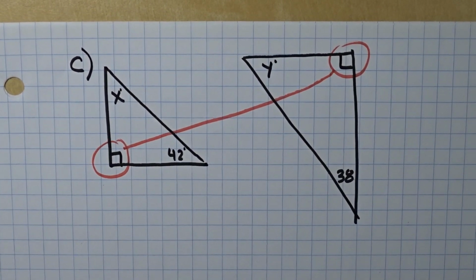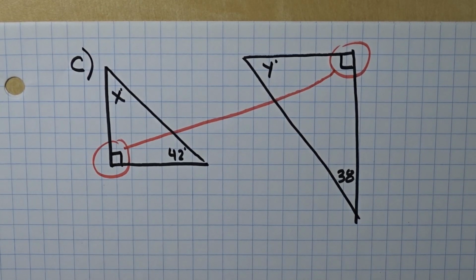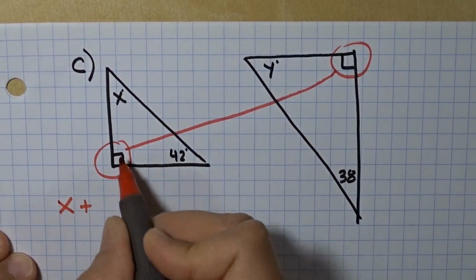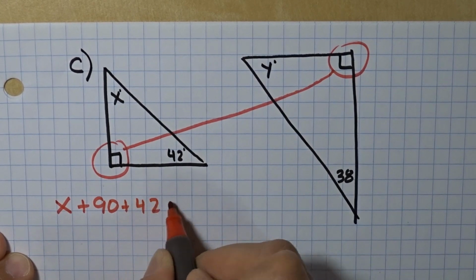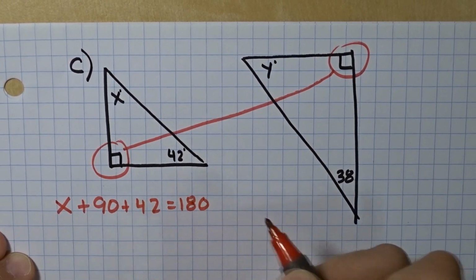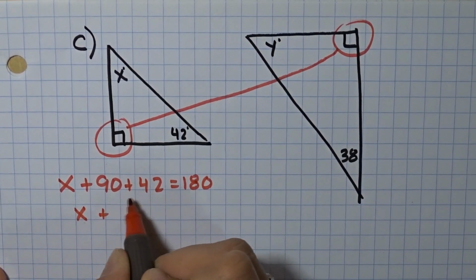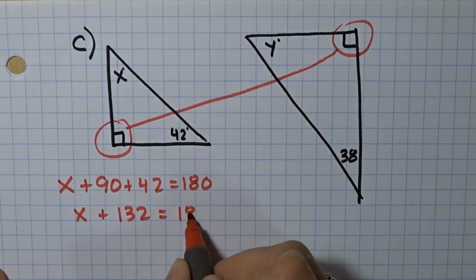So again, you're going to try to find one of the missing angles, and on this one I'm going to try to find X. So I know that X plus this angle here, 90, plus 42 is all going to equal 180. Simplifying by combining like terms, you get 132 equals 180.